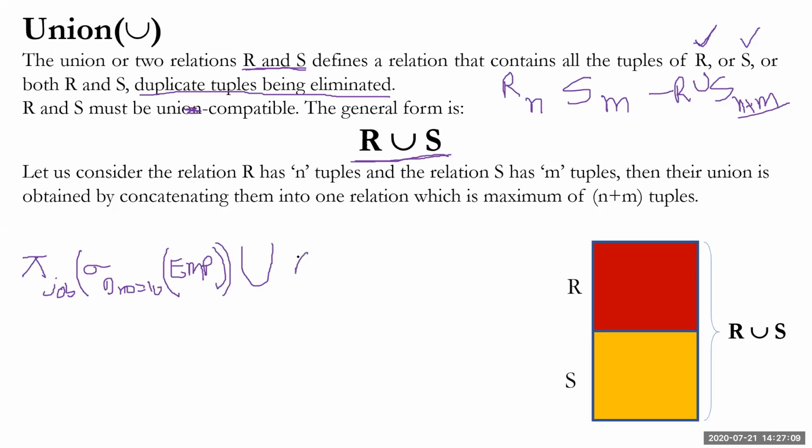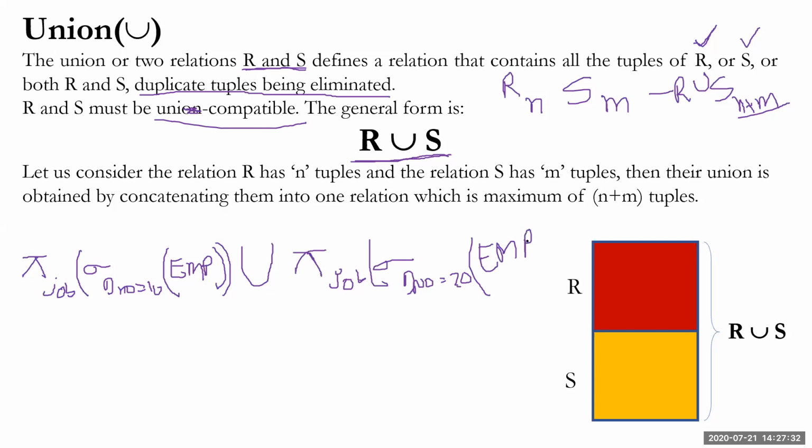So pi of job, again you have to select job only. This is the meaning of union-compatible. So pi of job of sigma department number equal to 20 of the relation EMP.